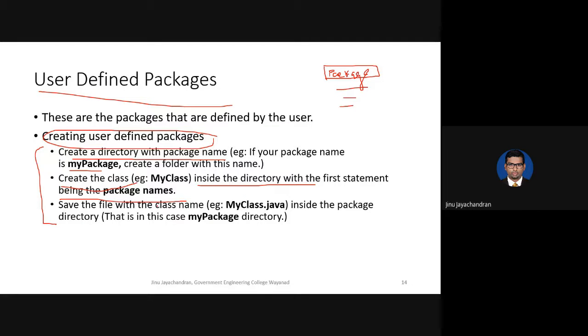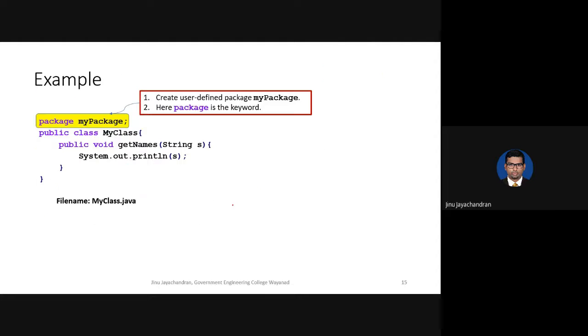For example, I can write a Java file with the first line saying package mypackage, and save the file with the class name. That's all you need to do. For example, my file name is MyClass.java. You write package mypackage; here package is actually a keyword, which is what Java recognizes.